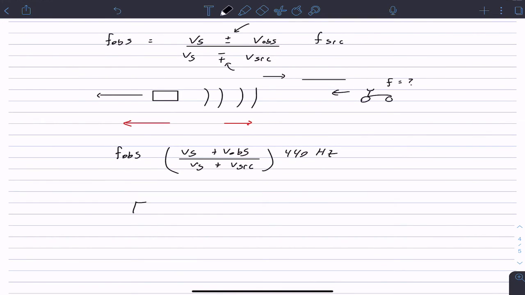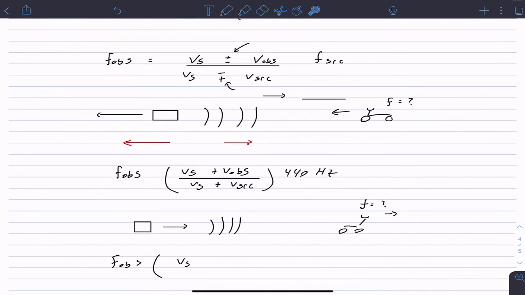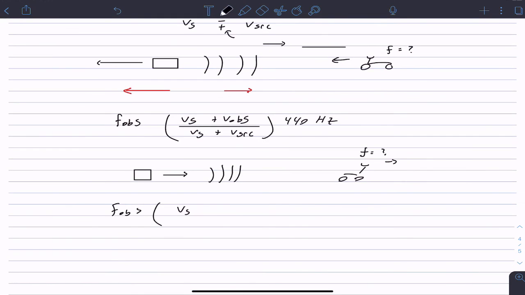Okay, and then again, if the sound's traveling this way, and the bicyclist is traveling away, what would be the frequency that you would hear? He's traveling away from the sound, so we actually get plus on top. So this would be V observer.